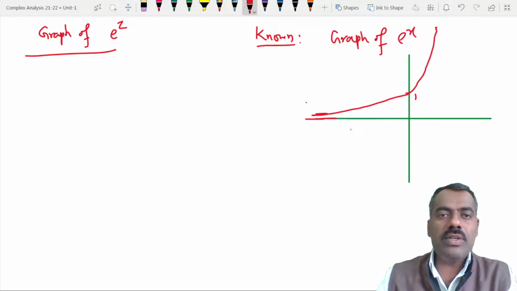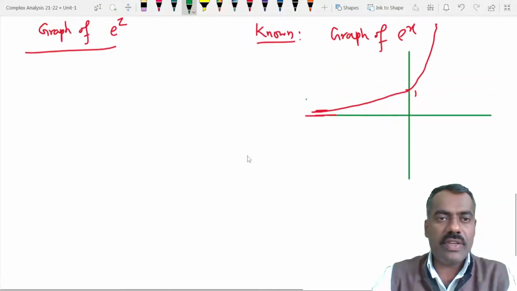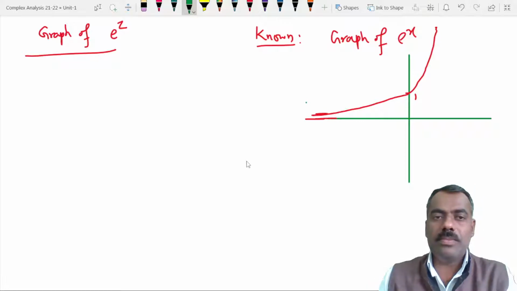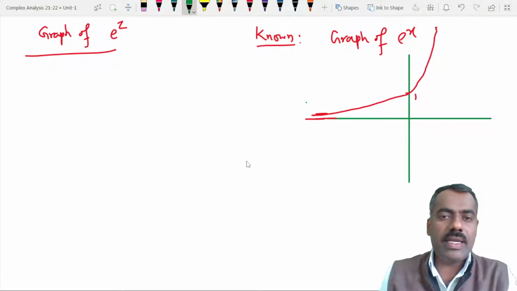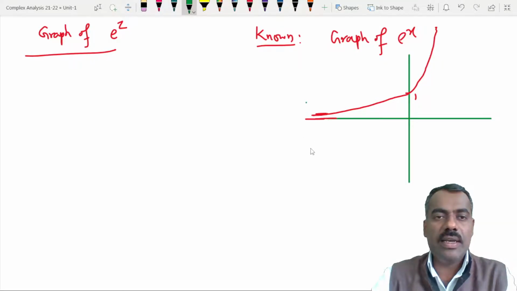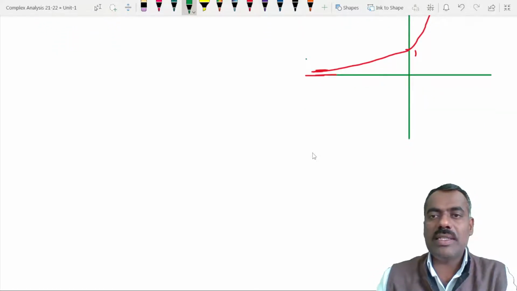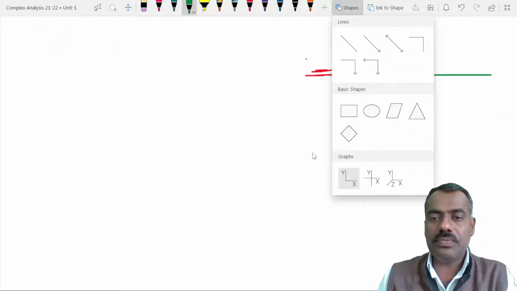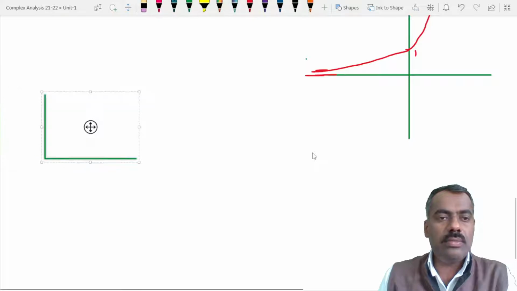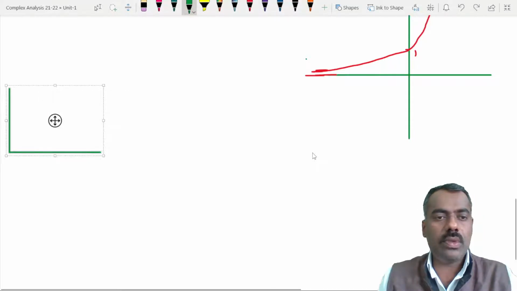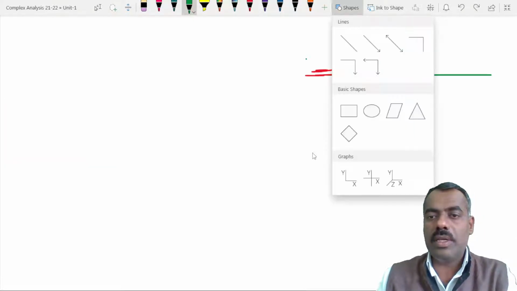Now if we want to discuss the graph of e power z, as I already discussed earlier, whenever we want to talk about graphs of complex functions, we need to have a z plane and a w plane, right. So we should have two planes. For that, let me draw two planes and we'll discuss.